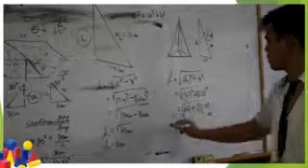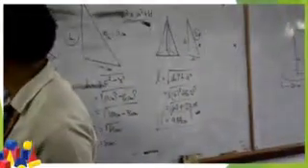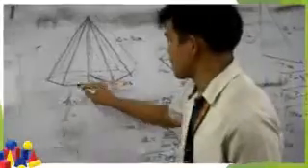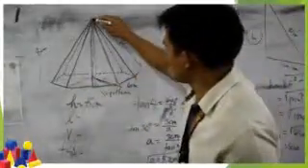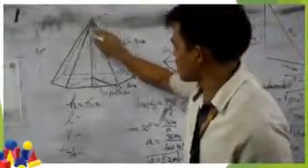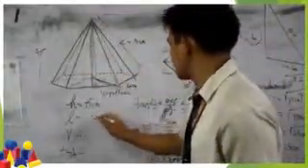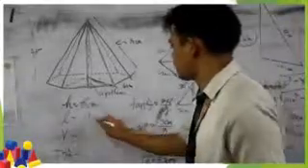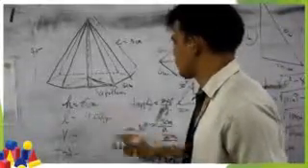Okay, and that will be our slant height. Slant height here from the center of the side of the base until the apex or the vertex of this lateral face. So our slant height will be 9.54 centimeter.